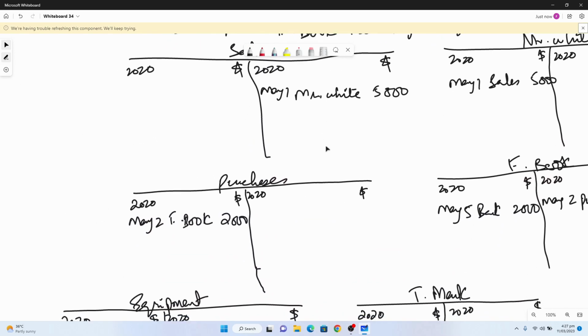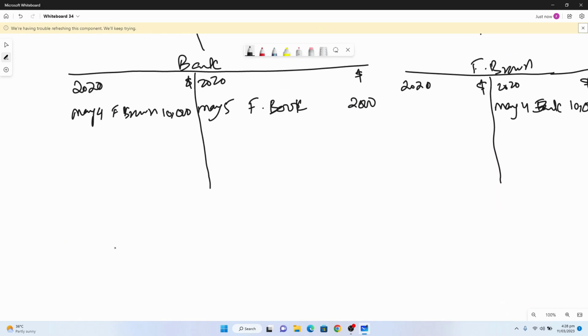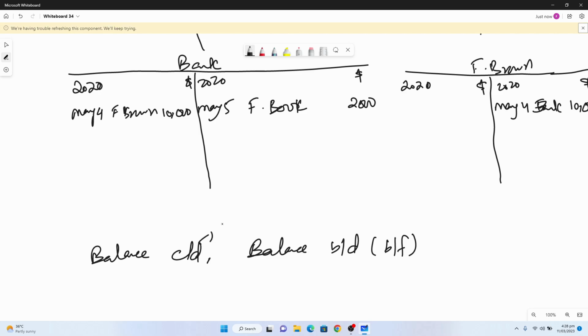Remember one thing, that balancing involves two things. One is balance CD, and another thing is balance BD, or balance brought forward BF. These both names are used. CF carried forward. Remember one thing, balance CD comes on the last date of the year, or the month.